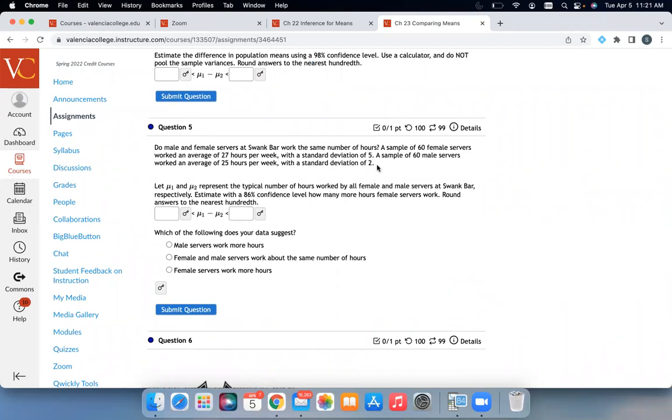Okay, so here, they tell me who to use for L1. Female will be group 1, male will be group 2. So here, let's actually do this one.